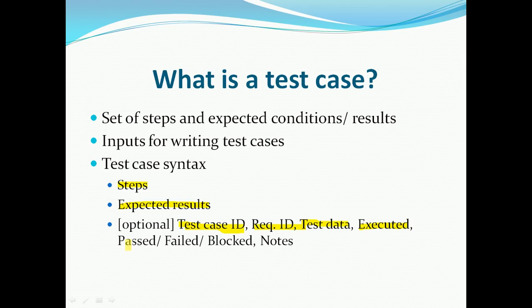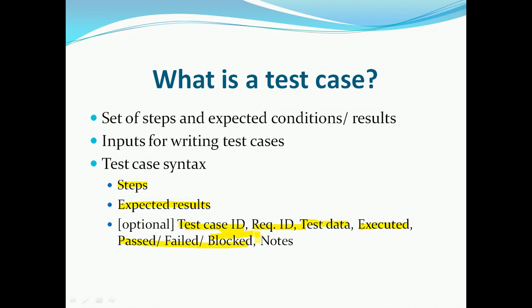Then there can be another place in your test case to indicate, if executed, one of three possibilities. The first one is maybe the test case is blocked. Blocking a test case means that you are unable to execute one of the steps of the test case.